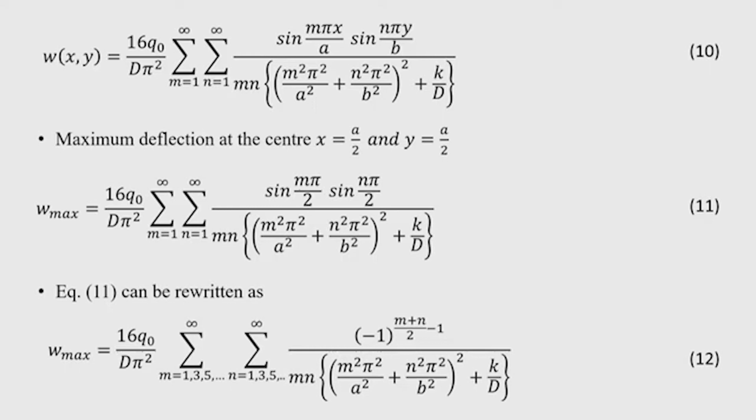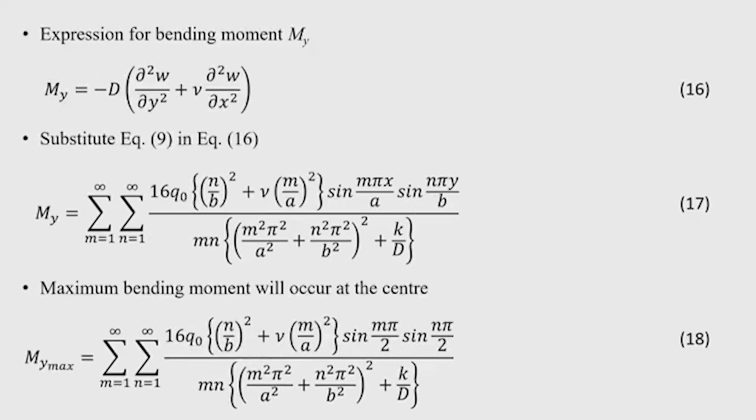This function can be written in a convenient form with minus 1 to the power m plus n by 2 minus 1. Here m varies over 1, 3, 5, and n is also 1, 3, 5. One can find the convergence of the series with the first few terms, the exact result will be obtained, there will be no difficulty.